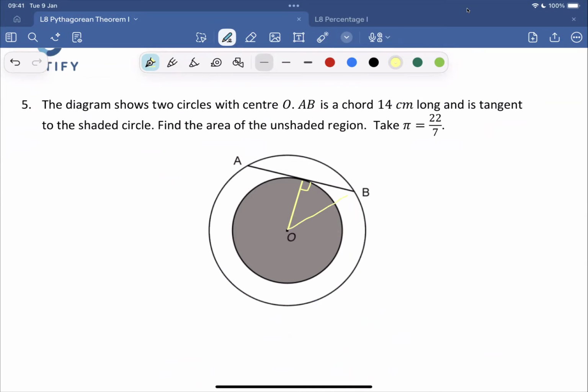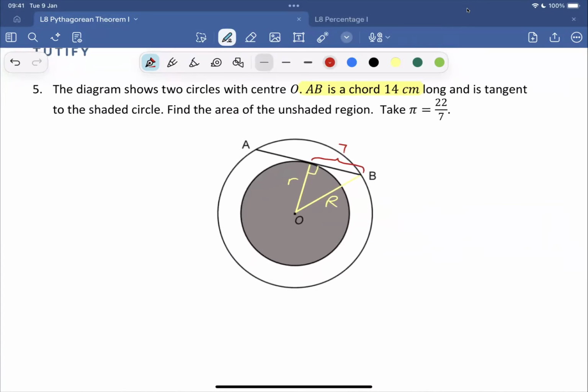And if you draw another line here, you have another radius. This is the radius of the small circle, and this big R is the radius of the big circle. We have made our own right angle triangle. And the question says that AB is 14 centimeters long, which means that this length must be half of 14. Half of 14 is 7.